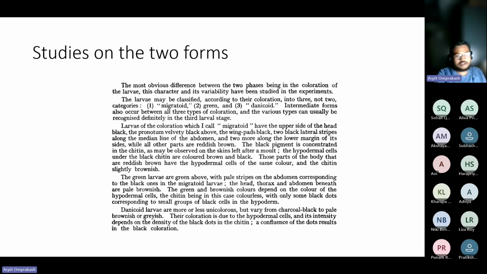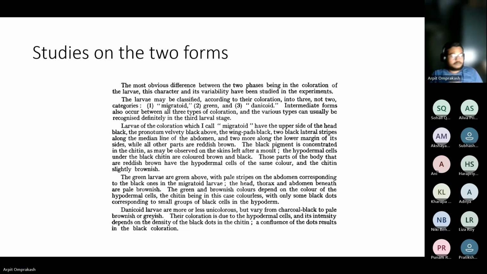Plutarch was one of the first people who worked on this. He tried to give details about the population of locusts and grasshoppers that are found. He looked at larvae and said that larvae are of three colorations: migratoid, green, and danicoid.